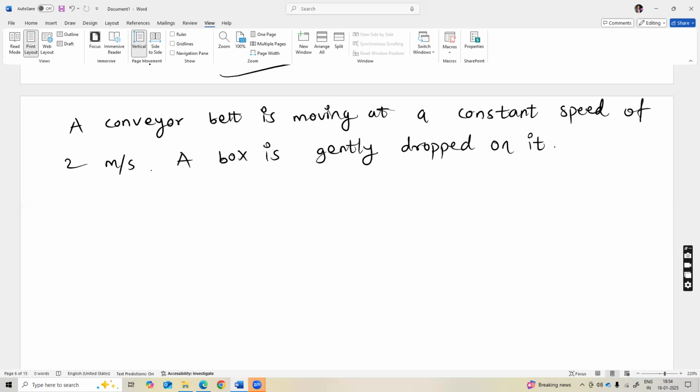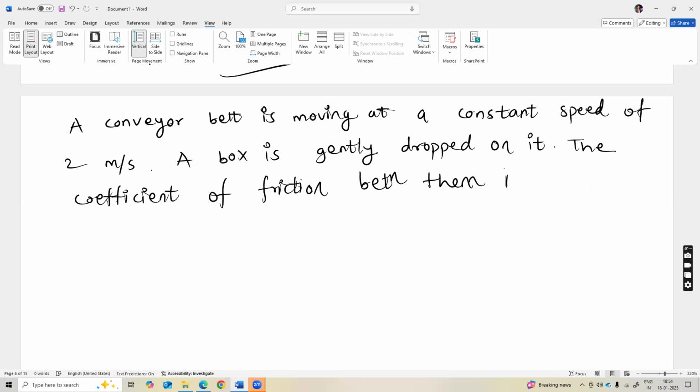The coefficient of friction between them is 0.5. The distance that the box will move relative to the belt before coming to rest is.